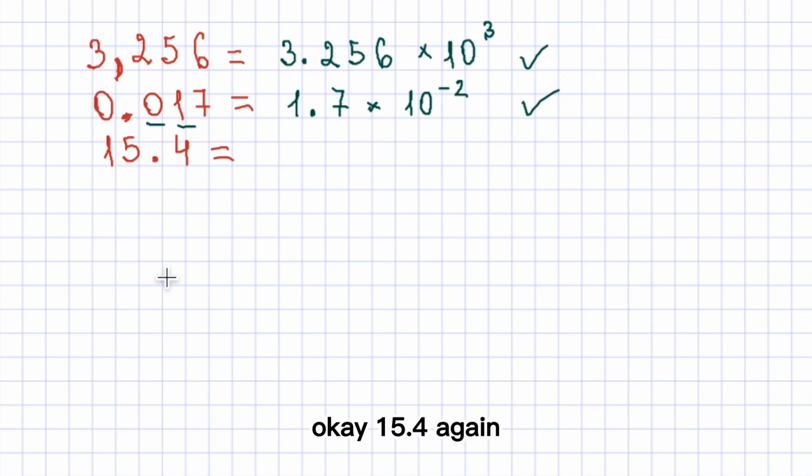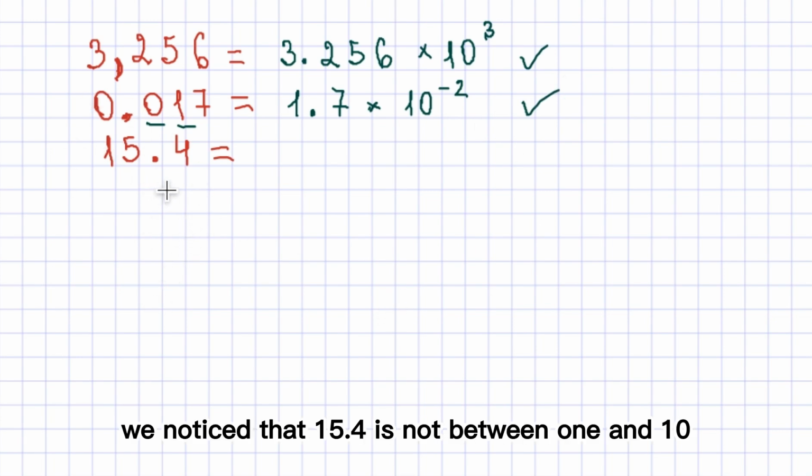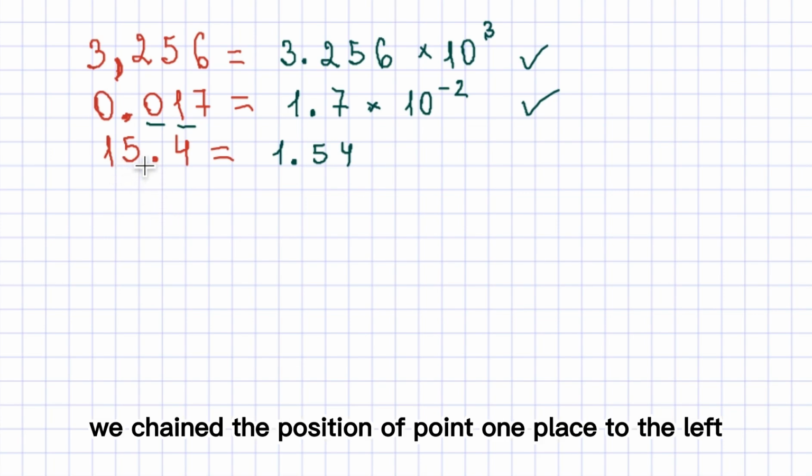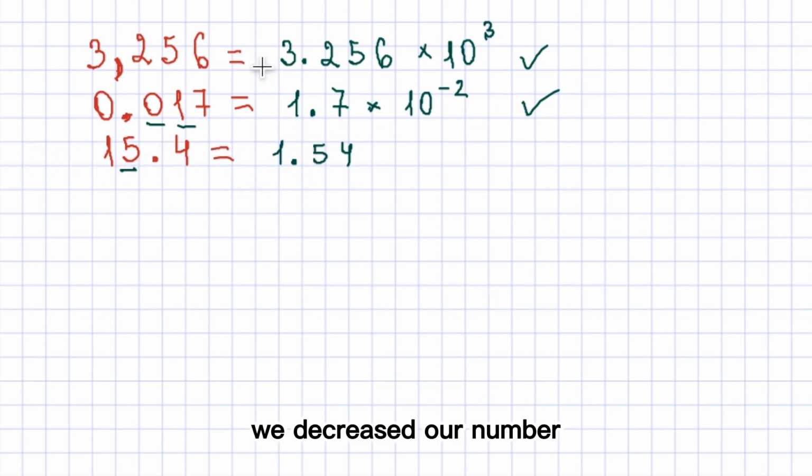Okay, 15.4. Again, we notice that 15.4 is not between 1 and 10. We can make it 1.54. What did we do? We decreased our number. We changed the position of the point 1 place to the left. We decreased our number, so here we need to increase it to keep the balance.